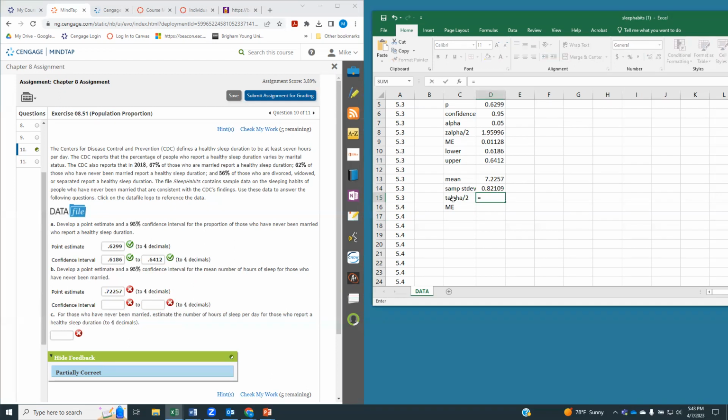So this is going to be the absolute value of T.INV, where my probability is alpha divided by 2, and then my degrees of freedom is n minus 1.